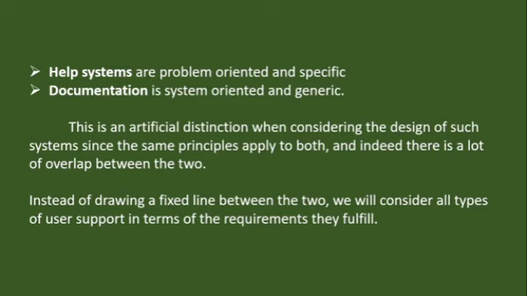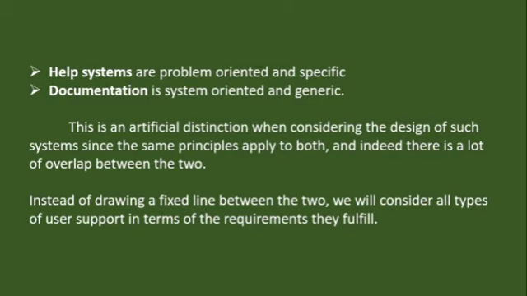So this is an artificial distinction when considering the design of such systems, since the same principles apply to both, and there is also overlap between help systems and documentation.